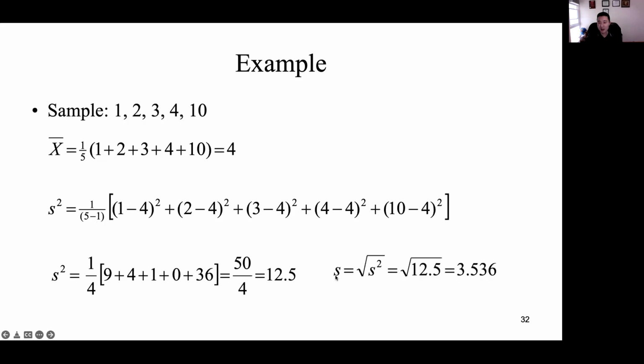Then S is the square root of the variance, so the sample standard deviation is 3.5. Very simple to calculate. Any questions so far?